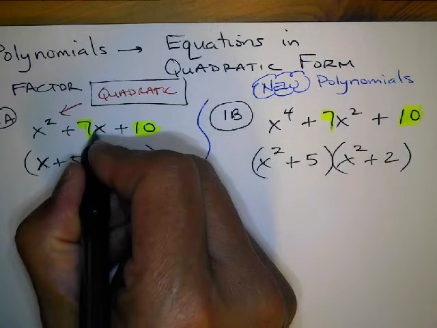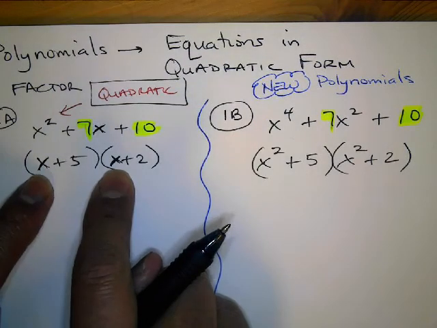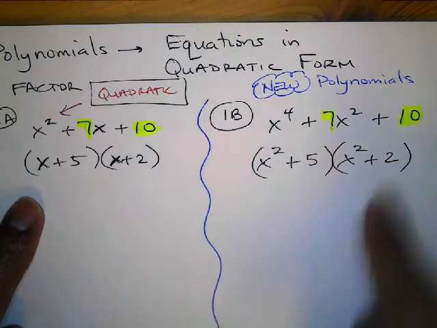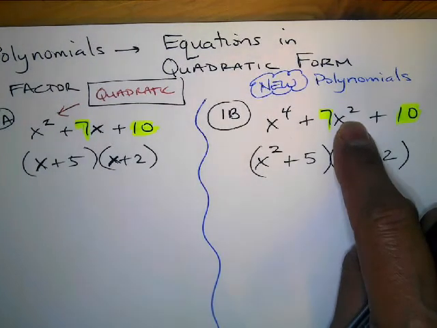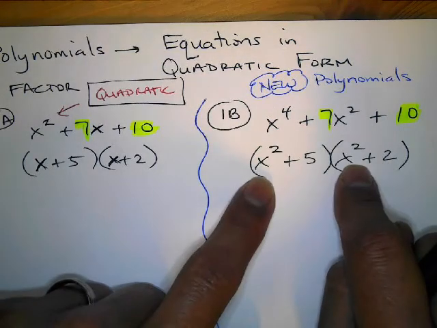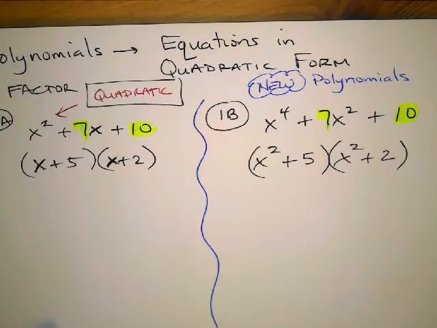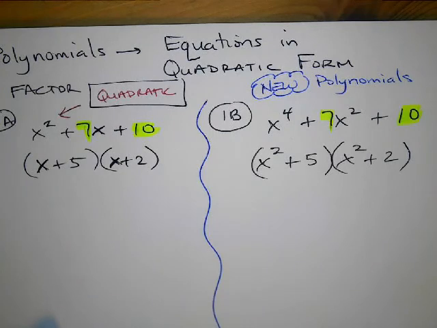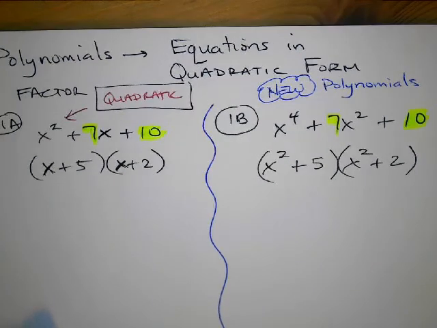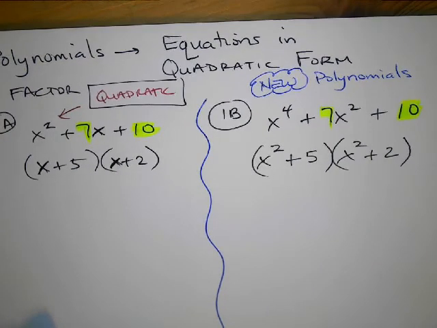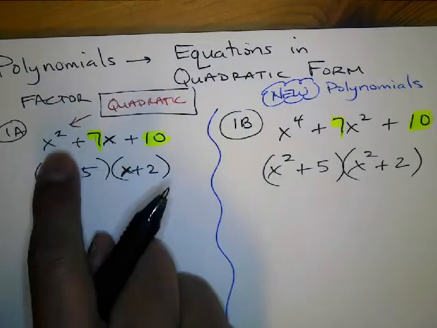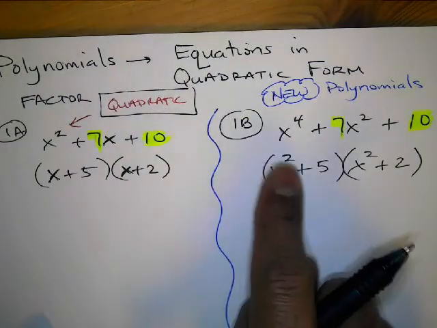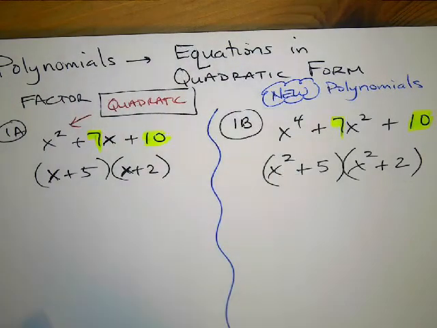You see it? And notice that the middle term, which is x here, is one single x. And notice that the middle term here is x squared. So that's how I want you to look at it. They're equations in quadratic form, right? It's only the degree that's different.